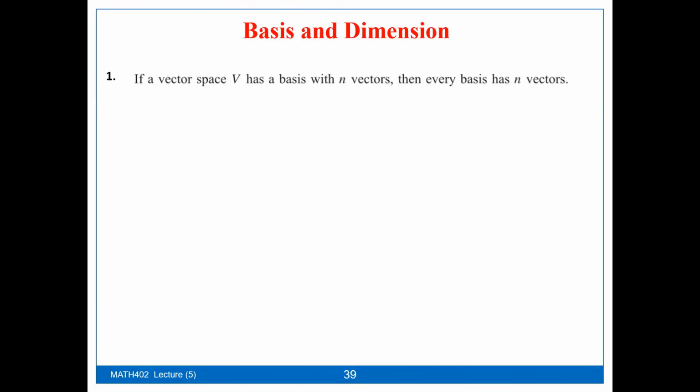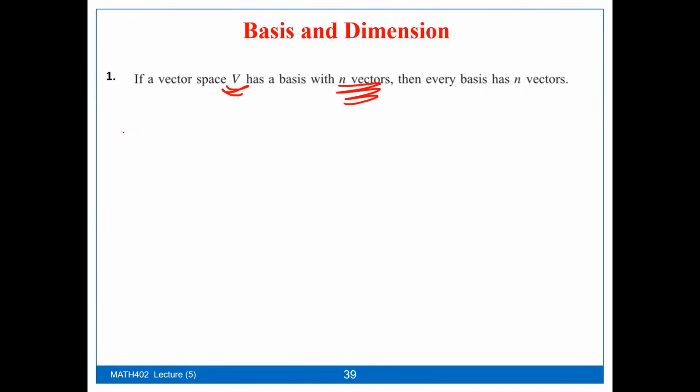So if a vector space V has a basis with n vectors, then every basis has n vectors. Okay? All bases of a vector space have the same number of vectors.